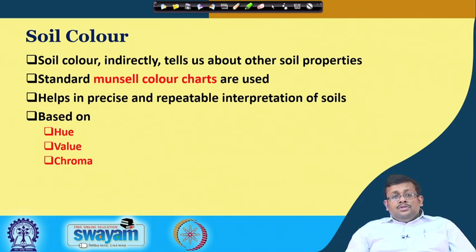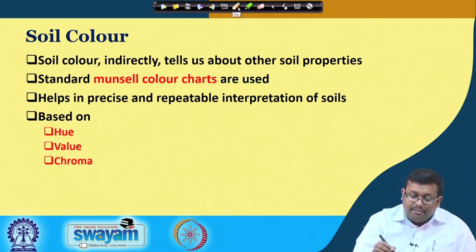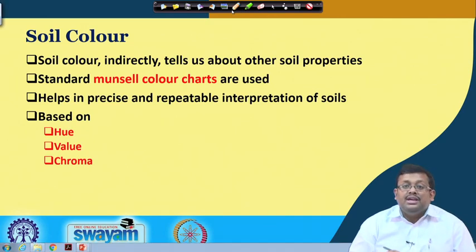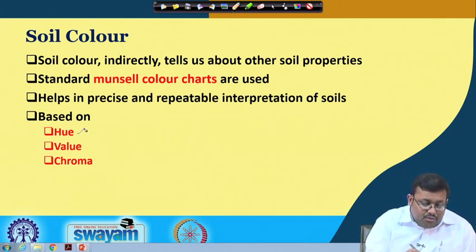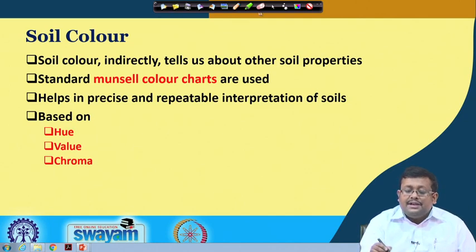This Munsell soil color chart helps in precise and repeatable interpretation of soil color, and it basically relies on three important criteria of color. One is called hue, another is called value, and another is chroma. In the next slide we will see what these terms actually represent.